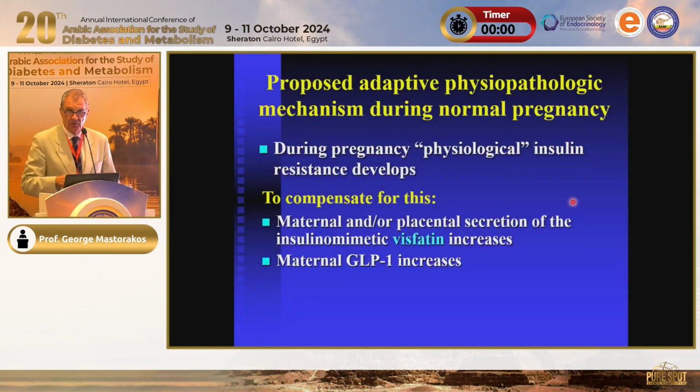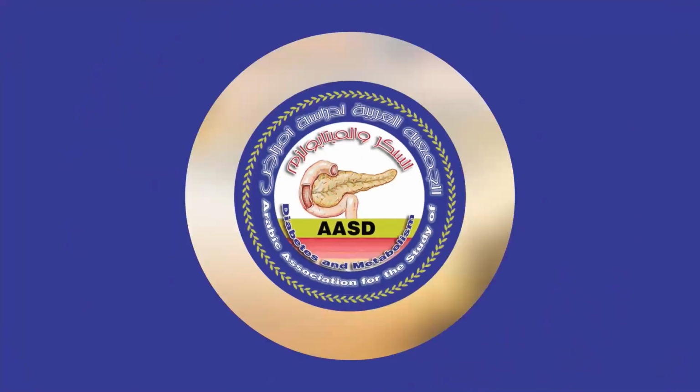And so I would conclude that during pregnancy, physiological, natural insulin-resistant development, the maternal body or the placenta goes to a compensation through increase of the visfatin levels and also through increase of GLP-1 maternal production.